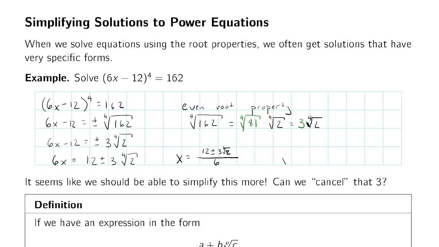And remember, that's actually two solutions. x equals 12 plus 3 times the fourth root of 2 over 6. x equals 12 minus 3 times the fourth root of 2 over 6. But it feels like we should be able to simplify that further. It feels like we should be able to cancel out a 3 at least. How can we do that? How can we simplify this?